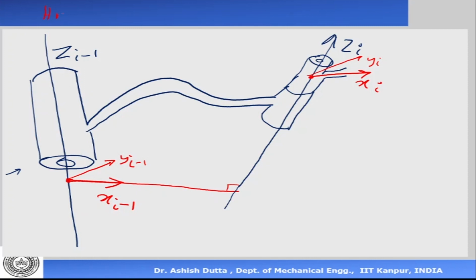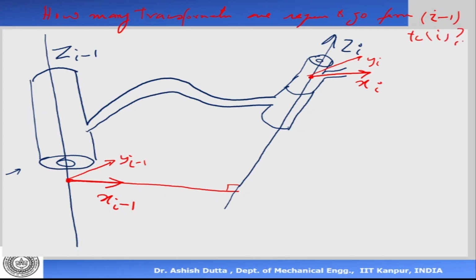So the question is, how many transformations are required to go from the i-1 frame to the i frame?